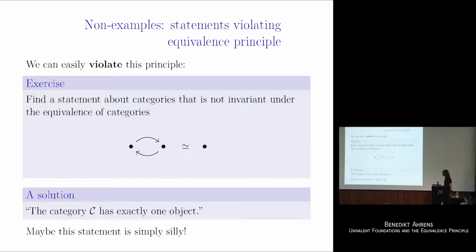One such statement would be: the category C has exactly one object. This is a statement that is valid, but is not mathematically useful, maybe. So a mathematician would never make such a statement.